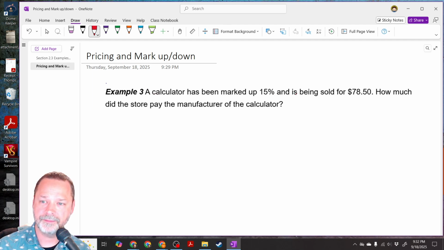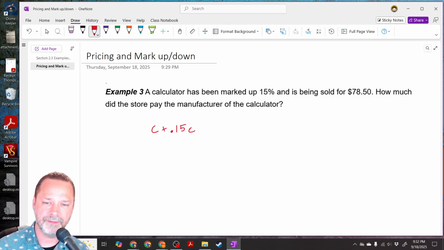The calculator is marked up 15%. Okay. So we have that cost, right? Let's say C. We have the cost of the calculator, and it's been marked up 15%. So that means we add to that cost 15% of the cost.